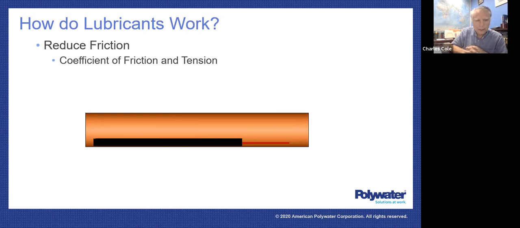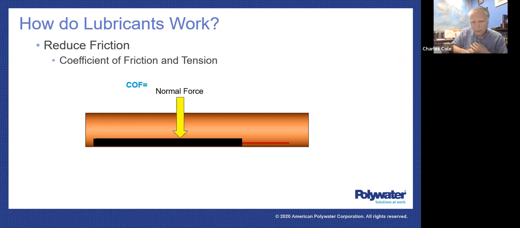So another click. So we'll just show you a little way of how we measure coefficient of friction, and then how we use that coefficient of friction to measure or estimate tension. So another click. What we do, and Polywater is the pioneer in how to test for coefficients of friction between cable and ducts, we apply a normal force.